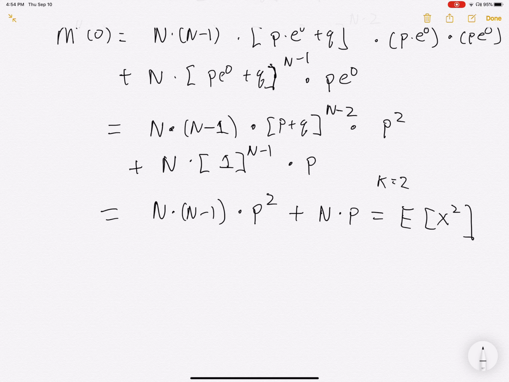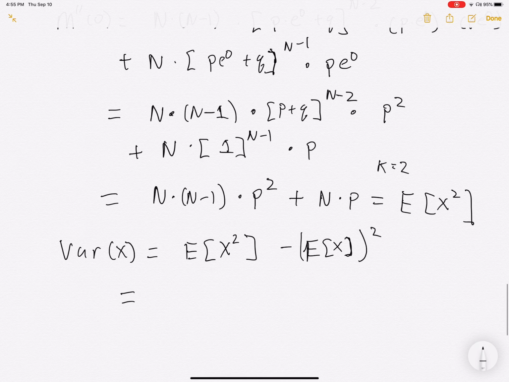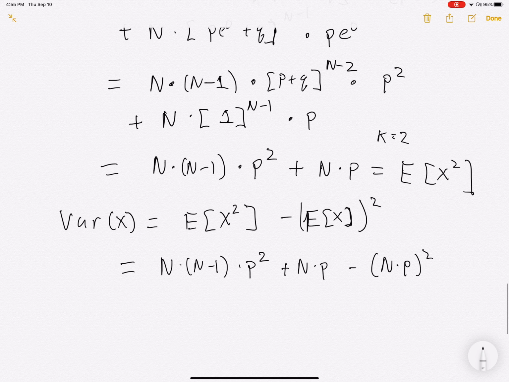And now let's notice that the variance of X is going to be E of X squared minus E of X, quantity squared. Well, E of X squared we have right here. That's n times (n-1) times p squared plus n times p, minus E of X, that's n times p, quantity squared. And now let's simplify this.